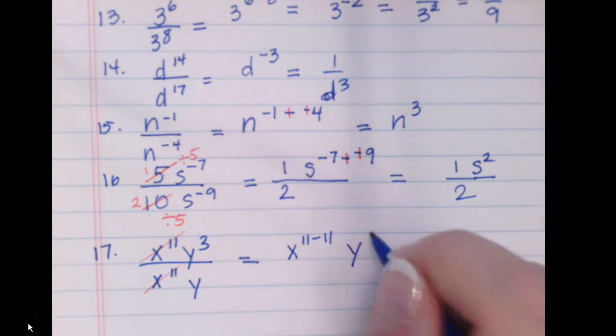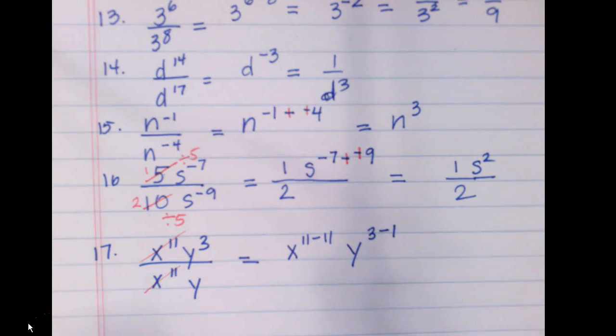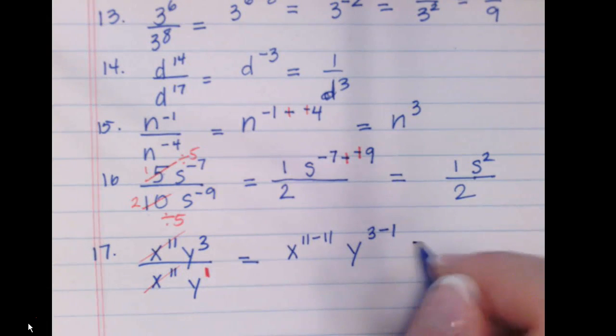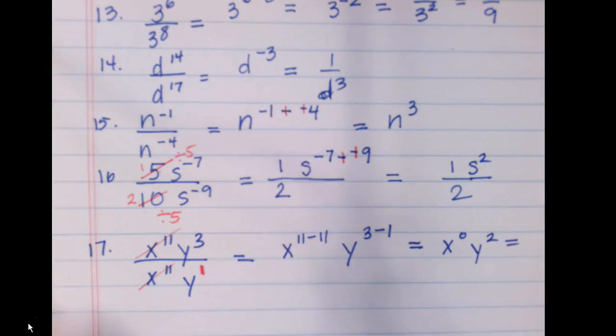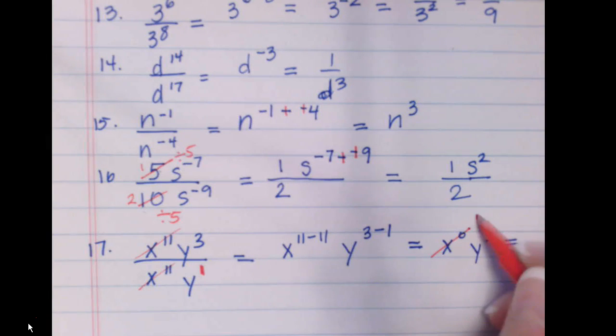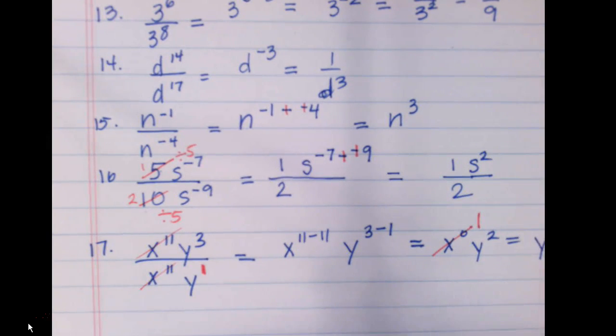And then here are my y's, so I'm going to be doing 3 minus 1. When my variable doesn't have an exponent, we can assume that it's to the first power. So I get x to the 0, y squared, and since anything to the 0 power is equal to 1, I can cancel that out that way.